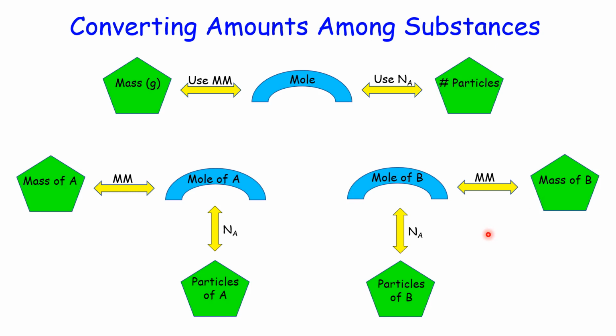For example, we can consider A here as carbon, and B here as carbon dioxide. Carbon as A, and then carbon dioxide as B. So how do we perform the conversion of quantity between the two?